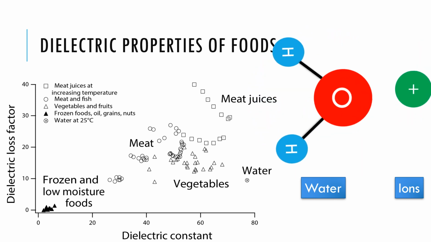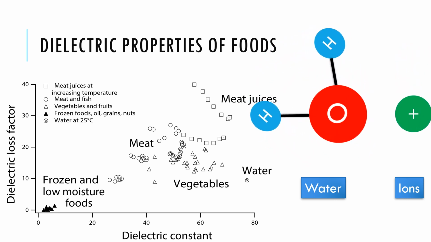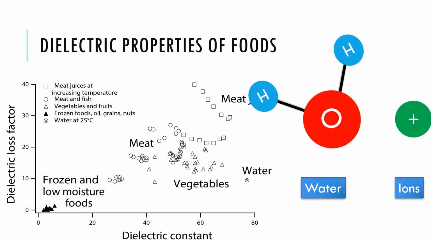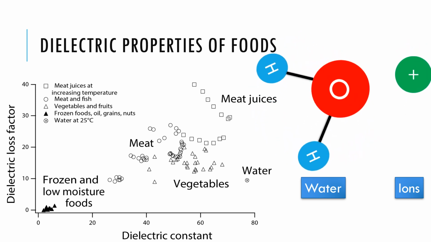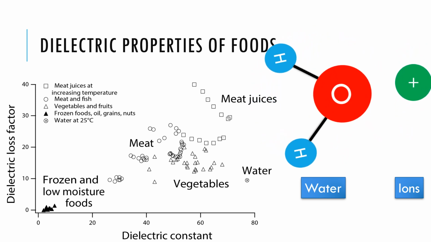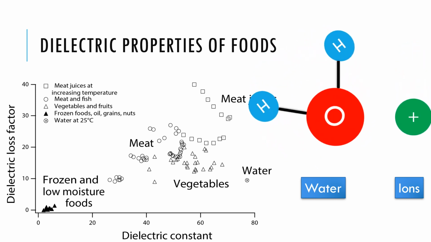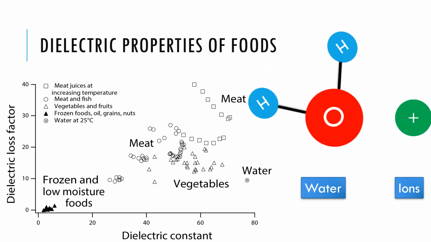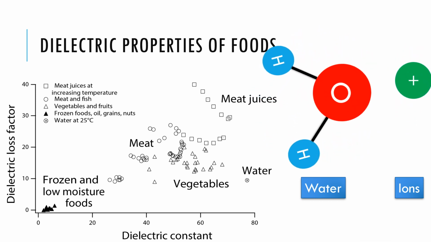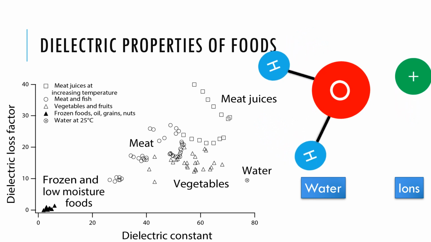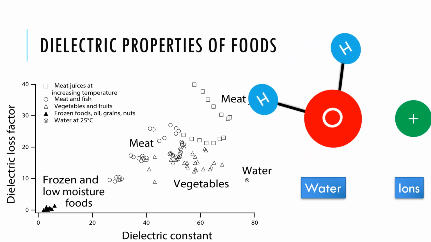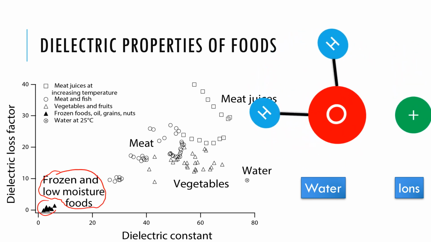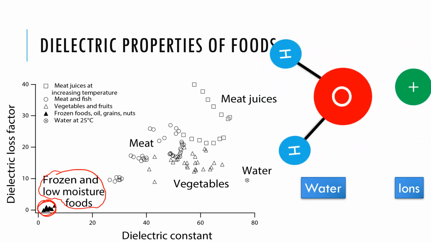It shows a pair of dielectric constant and dielectric loss for a whole bunch of foods, and it shows a fairly big range. The frozen material, for example, ice does not interact with microwave. So frozen materials have the lowest values, but also low moisture foods have some of the lowest values.